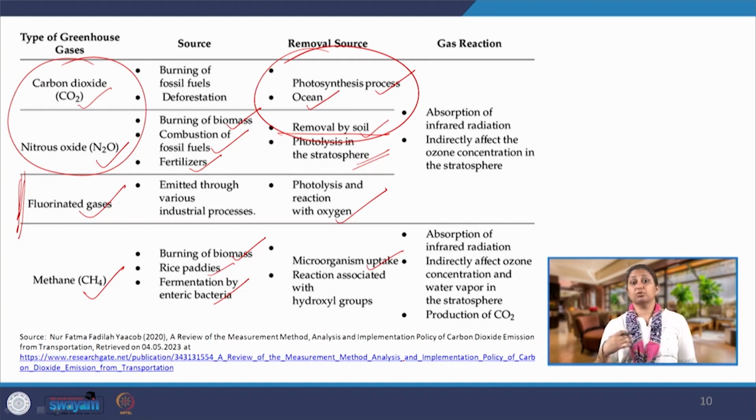So, we have to go steps ahead and have industrialized processes for removing the fluorinated gases also. So, naturally it is difficult to remove the fluorinated gases. In the first place we have to work towards reduction of emission here itself, while for carbon dioxide and nitrous oxide we can also look at the sequestration strategies.